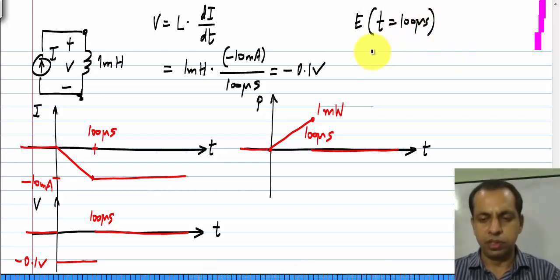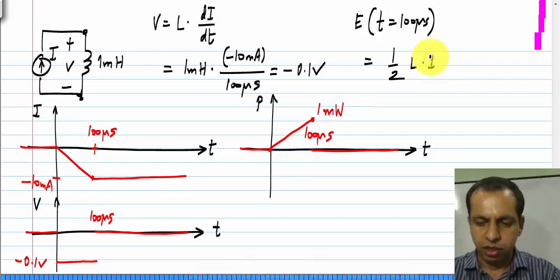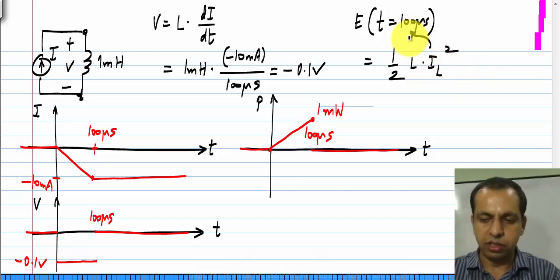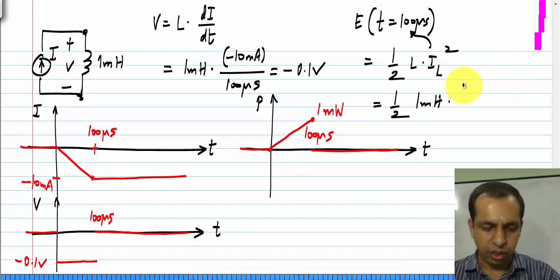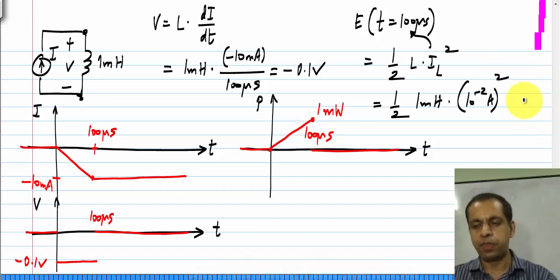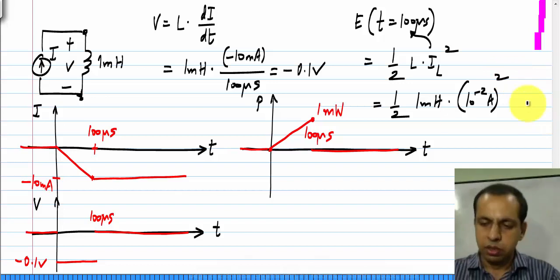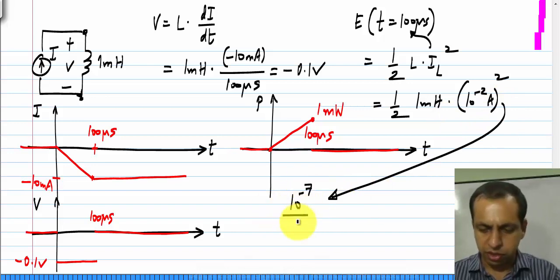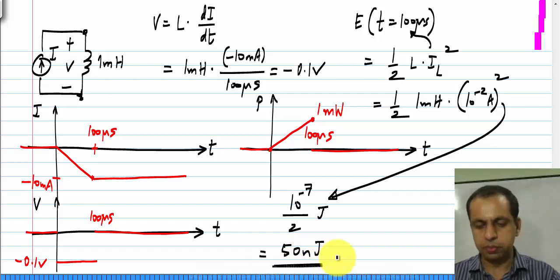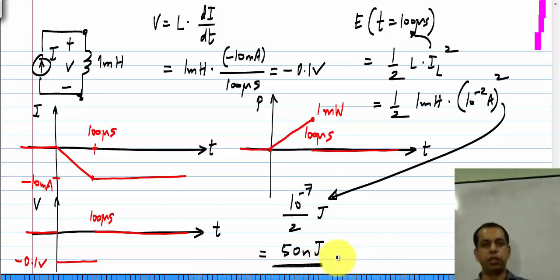All we have to do is calculate half L I L square, where I L is the current at t equals 100 microseconds, and this comes out to be half times 1 millihenry times I L, which is 10 to the minus 2 ampere squared. Okay. So, this number is 10 to the minus 7 by 2 joules, or this is basically 50 nanojoules of energy. Okay. So, that is the energy stored in the inductor.